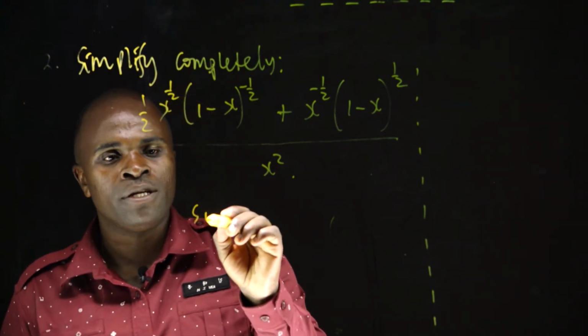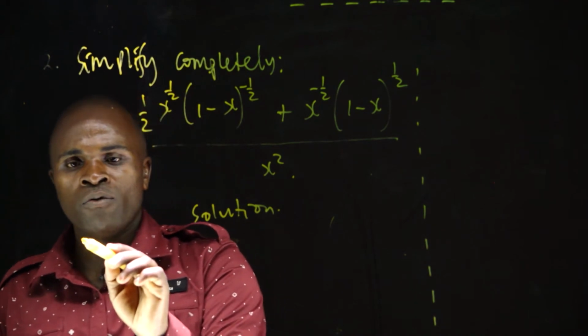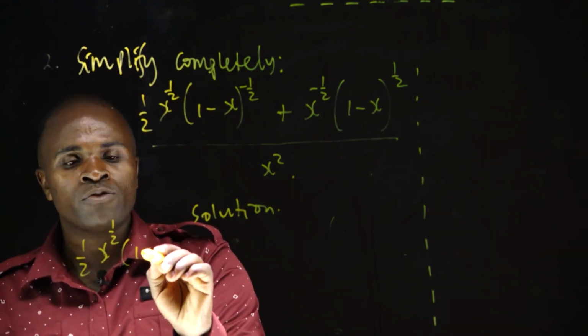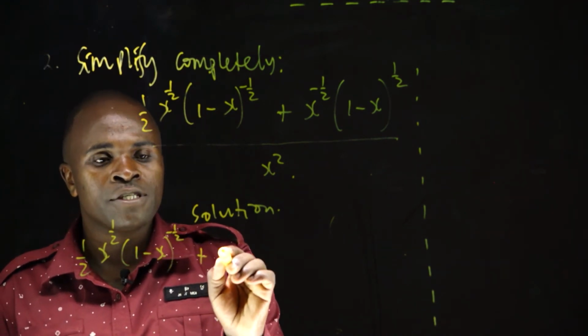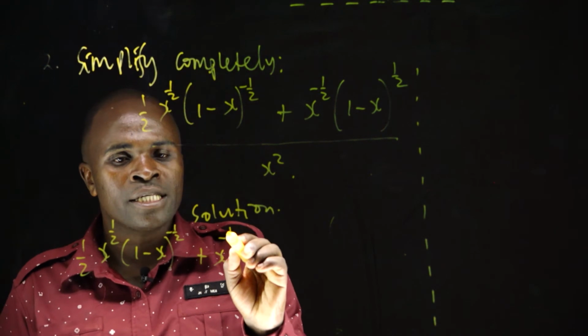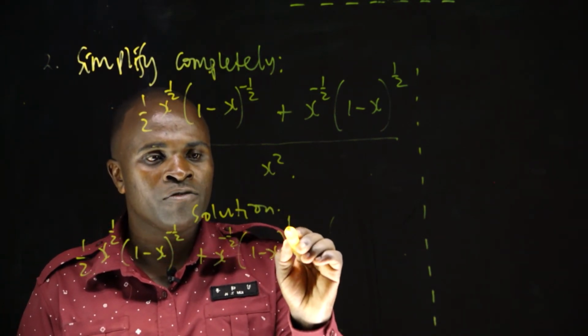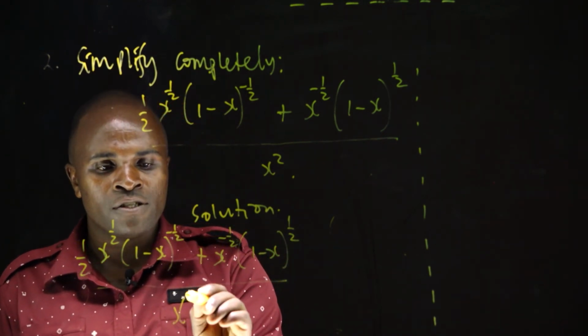We say solution. In this, we write 1 over 2 x power positive half, open bracket, 1 minus x power negative half plus x power negative half, open brackets, 1 minus x power positive half, of the entire expression over x square.